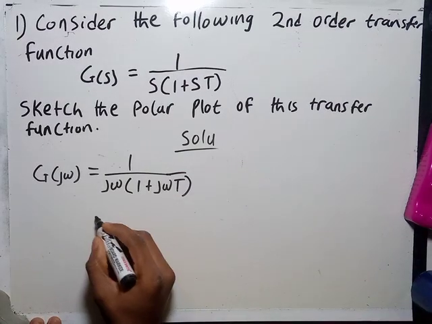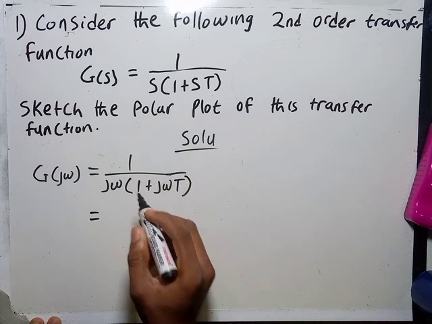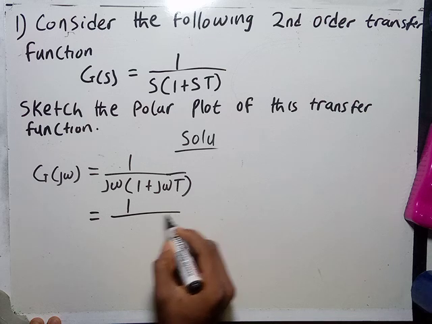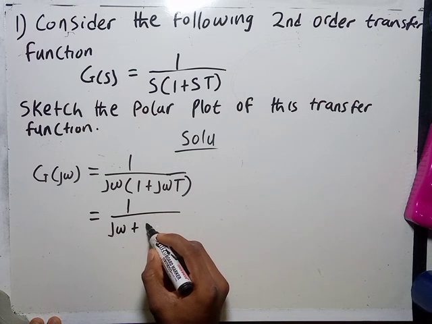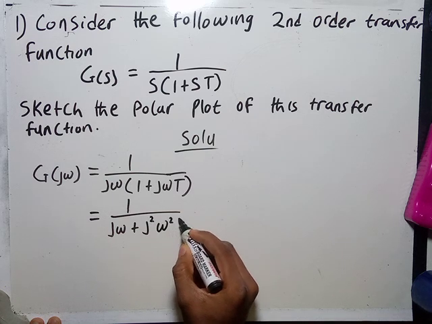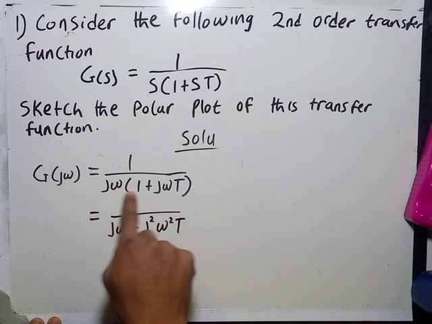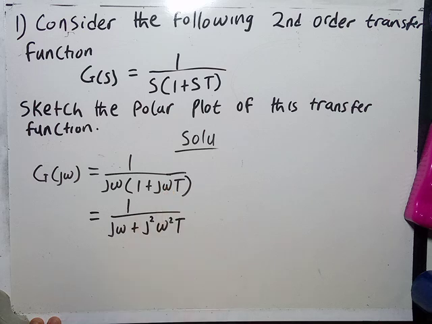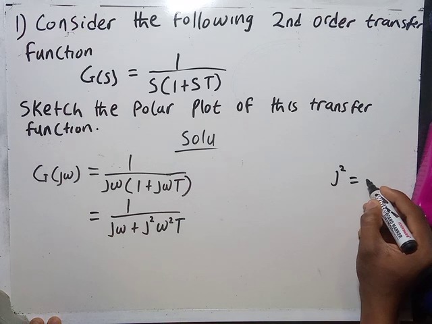So we will take a step further and say this is equal to, now first of all open the bracket, we will have jw plus, you can say j squared w squared T. We're not having T squared because what? There's no T here. So this is multiplying everything in the bracket individually. So we know that j squared is equal to what?